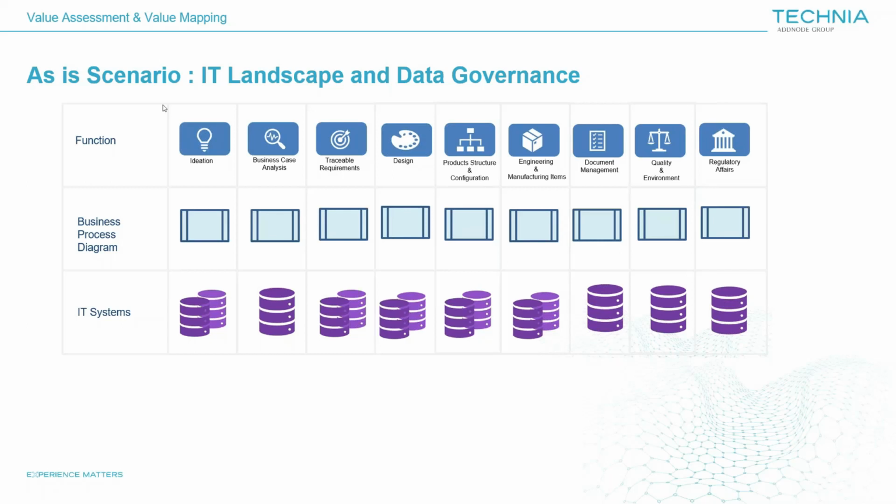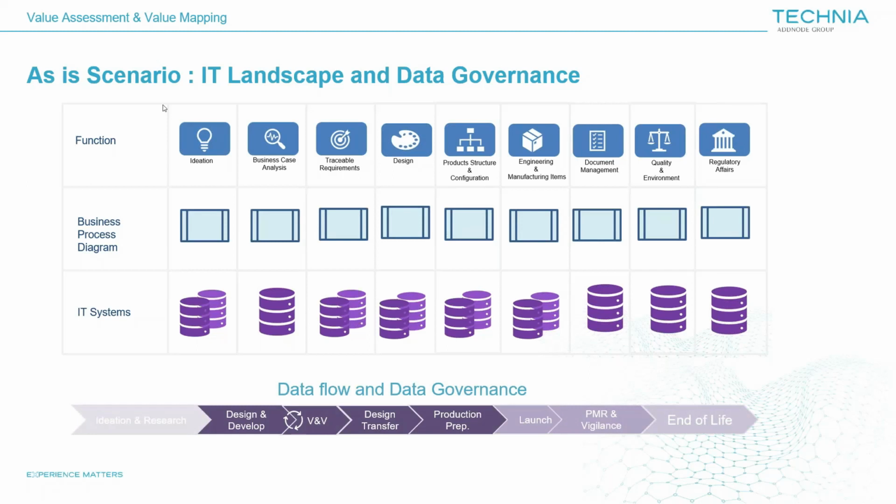And this is the time you put that onto paper and understand what are the improvement areas. So once you capture, you'll be able to, for the complete life cycle of your product, create what we call data flow and data governance.